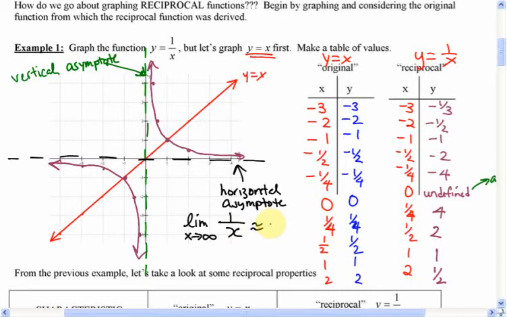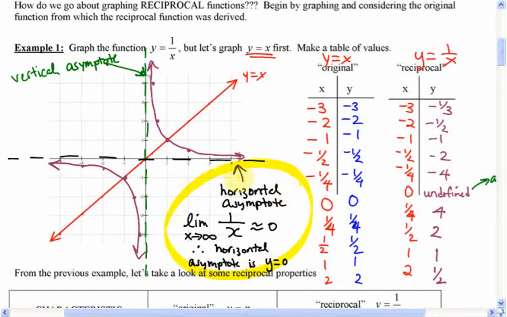Tiny, tiny number like 0. So therefore, your horizontal asymptote is y equals 0. Now, once again, this part here is just extra. In a regular class, they wouldn't touch it. But since most of you are taking calculus next year, why not show it to you now anyways?